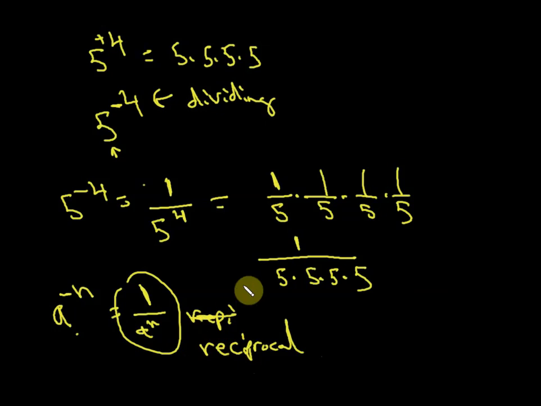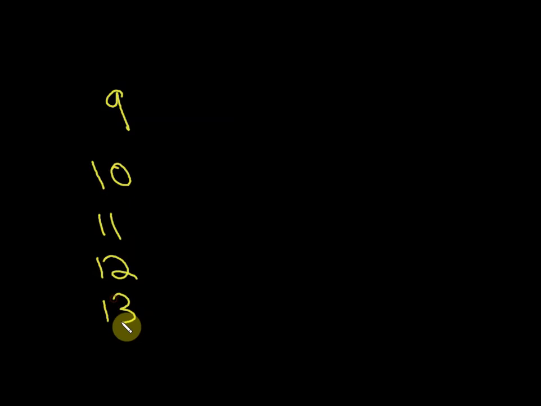Okay, and now there are a couple of special exceptions. You know these, but we haven't explicitly talked about it before. So what is 9? Or these whole numbers: 10, 11, 12, 13, 14, 15.